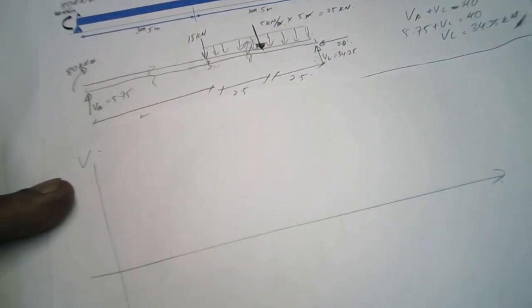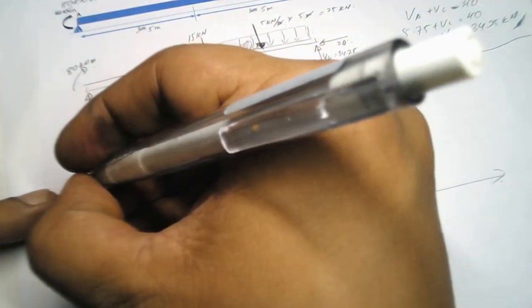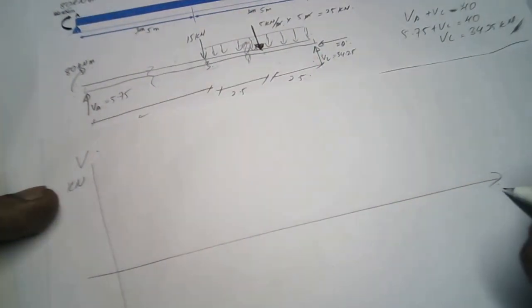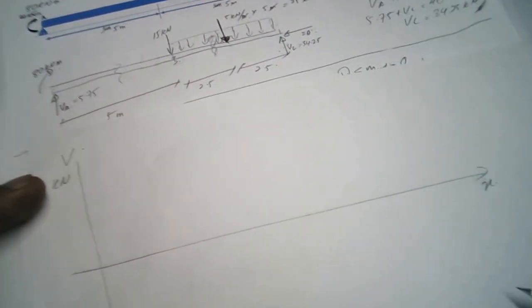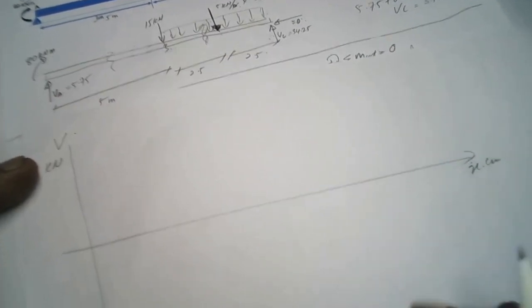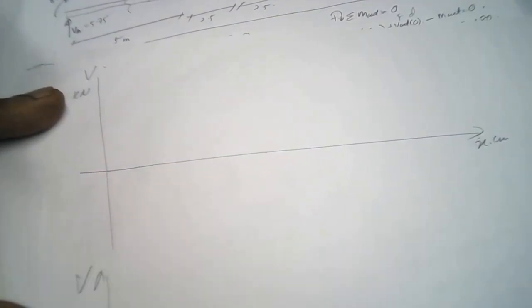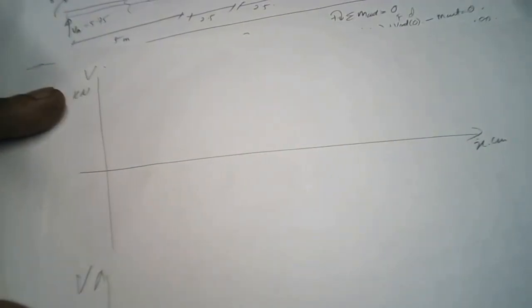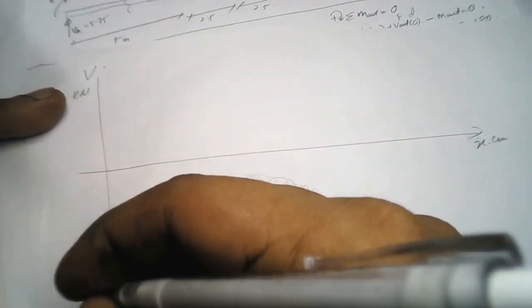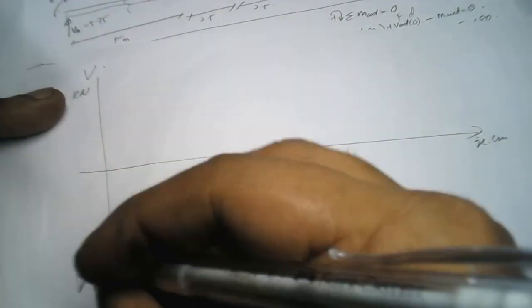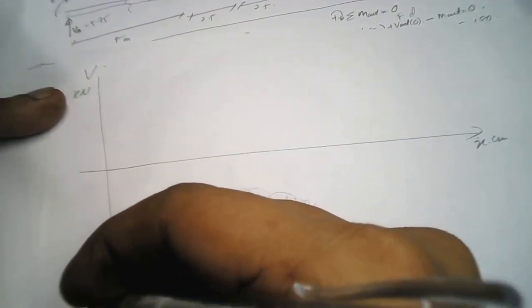This one is V, and the unit is kN, and this one is our x, and the unit is meter. This one is our other axis. We have M here, the unit is kilonewton meter, and our x in meters.